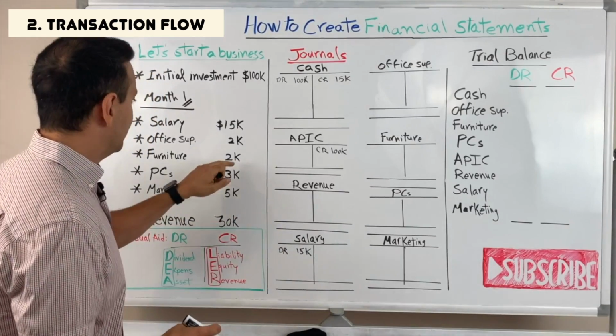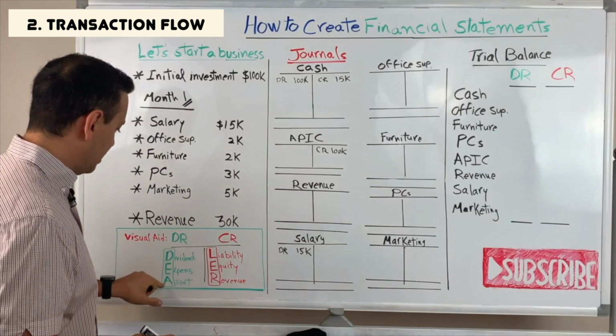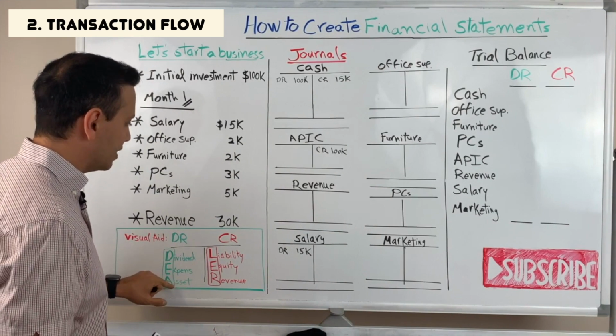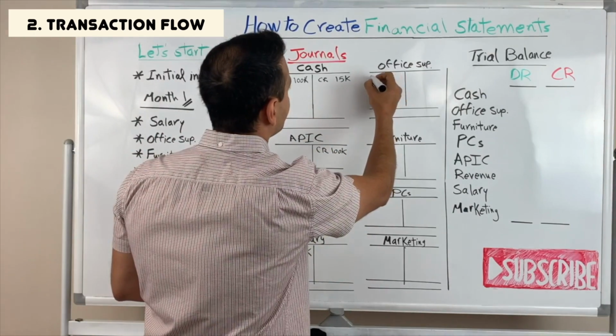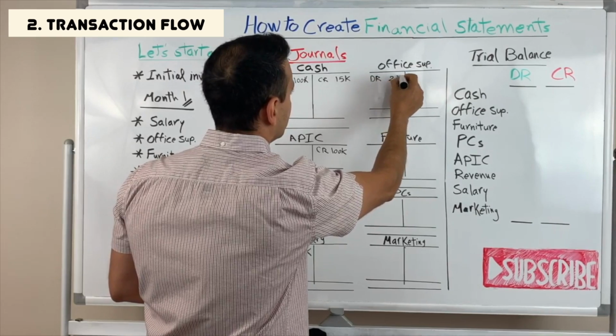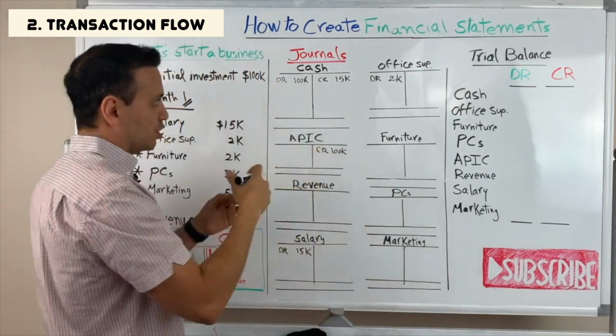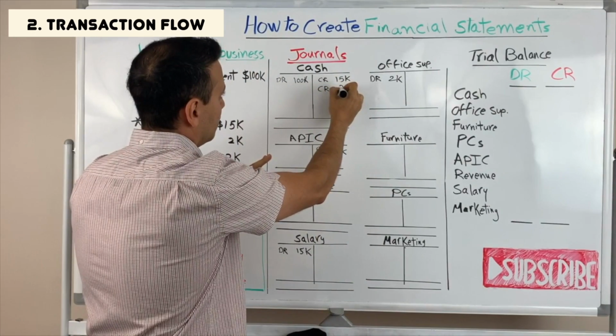So basically, this is going to be an asset. And so an asset is here on the model. It will be a debit to increase it. So office supplies, which is right here, will be a debit of $2,000.